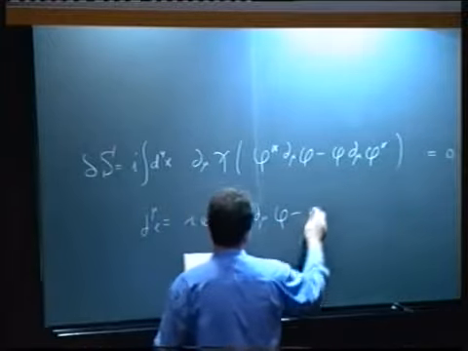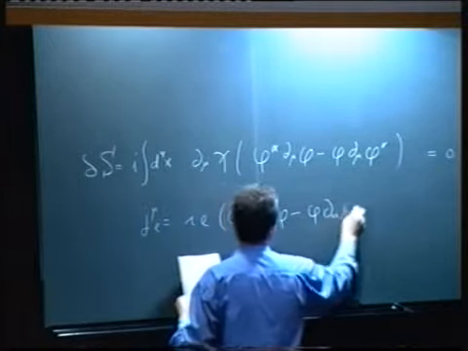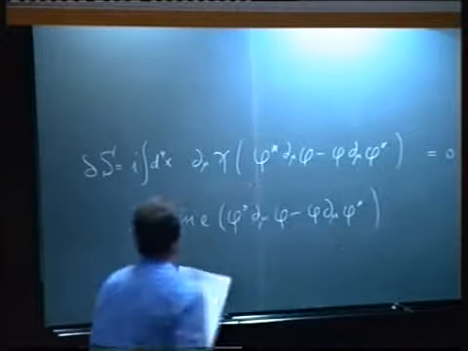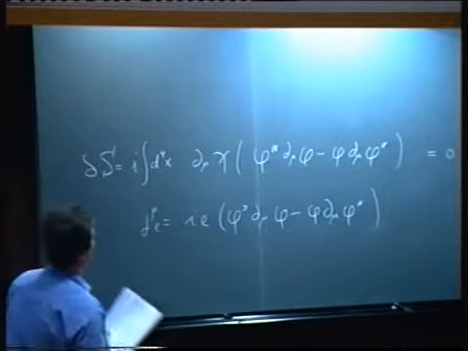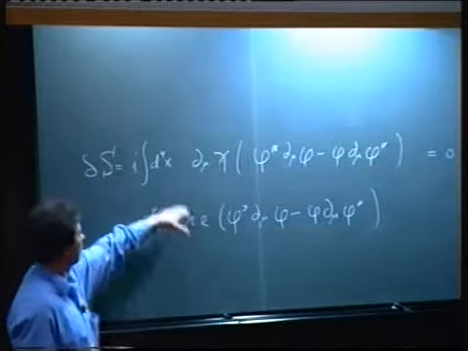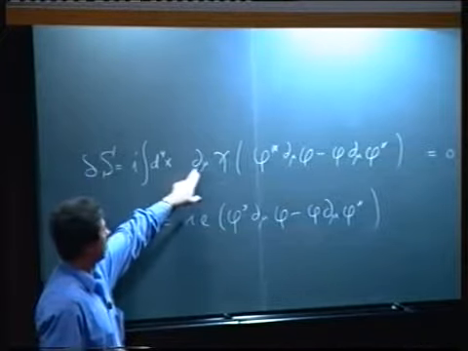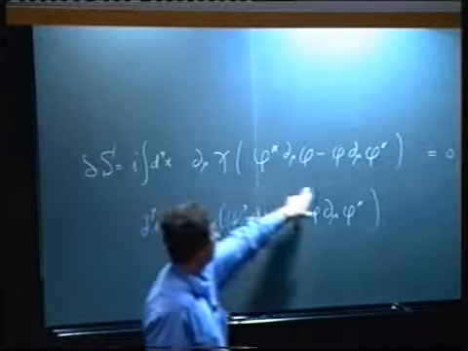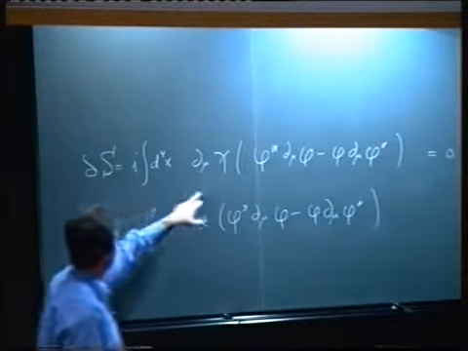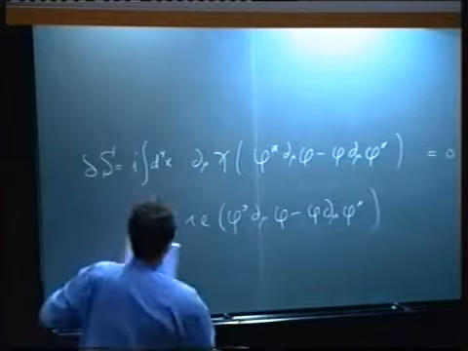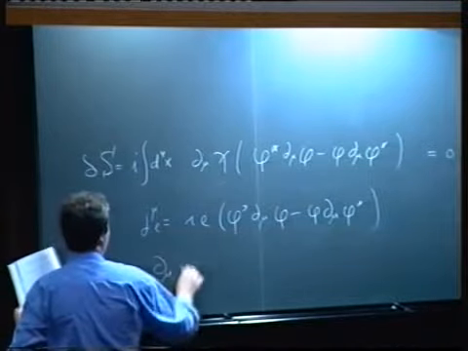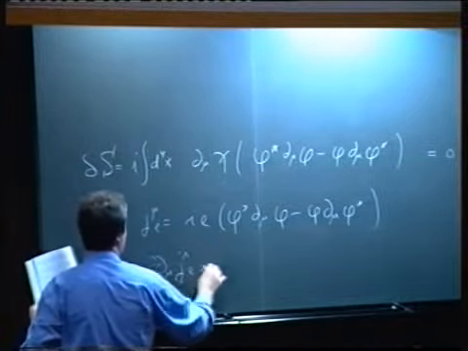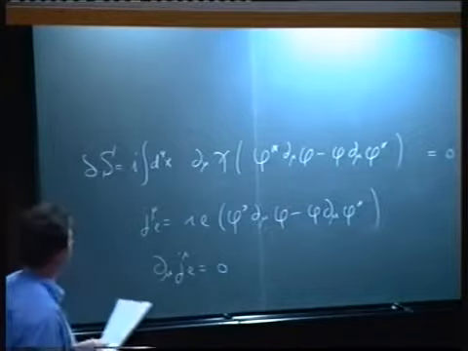So this expression has to satisfy the conservation law, because this is zero, and so by partial integration this d mu can be put on this whole expression, and therefore the d mu of J mu E must be zero if the field equations are satisfied.